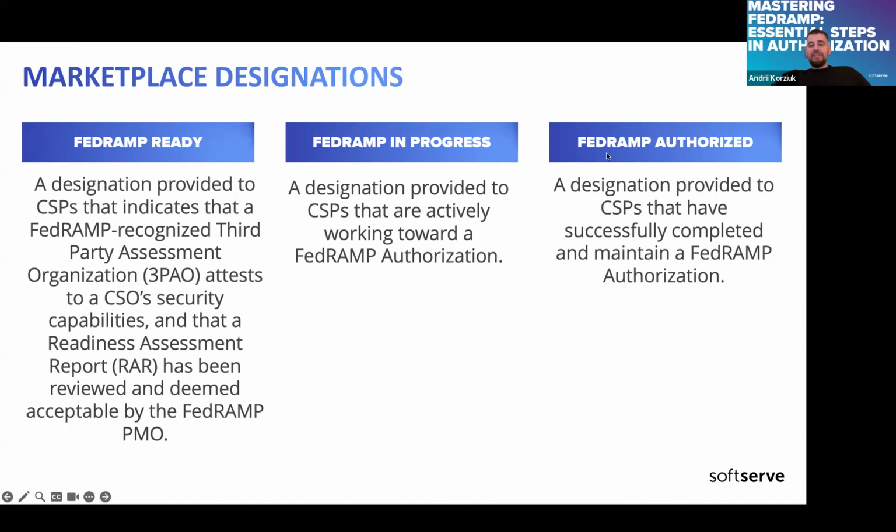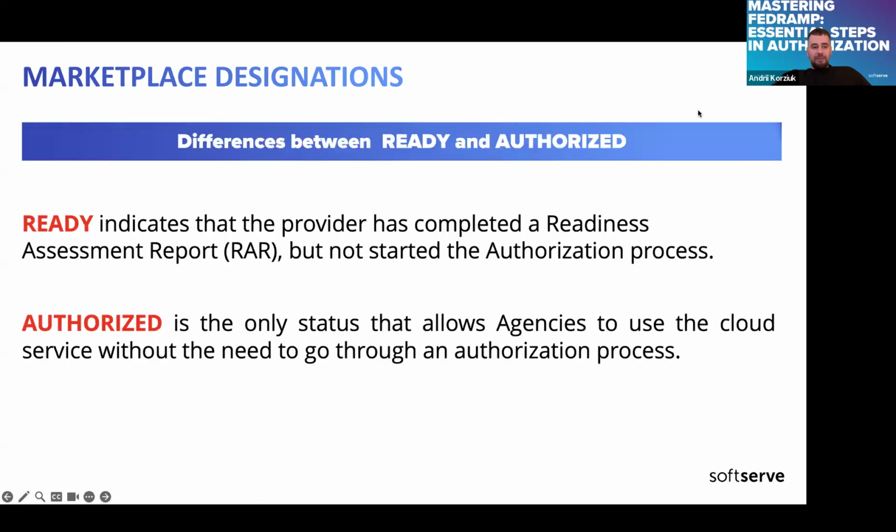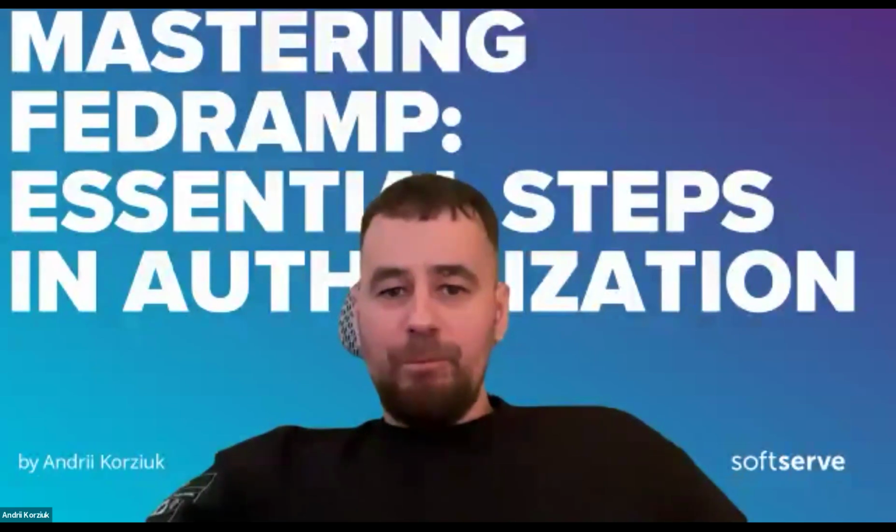That means that the authorization process was completed, and federal agencies can use this service for their needs. Yeah, I think now I will show you a marketplace, and then I will continue with this slide.